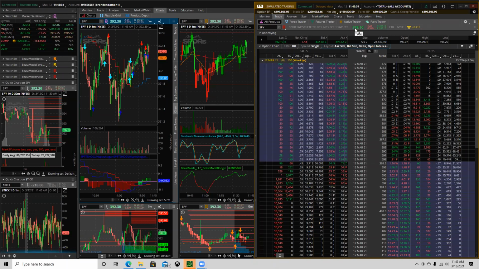If this share price drops to 391.99, this box will not be purple no more. It'll turn black like this. So the reason this 392.50 is black here is because it's out of the money. And how do we determine that? Once again, we go up here to the share price, and is 392.14 below 392.50?